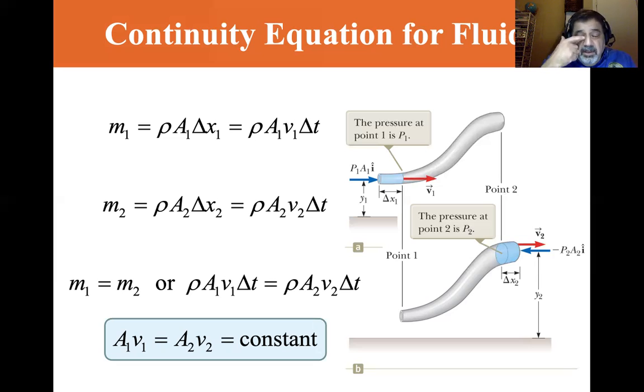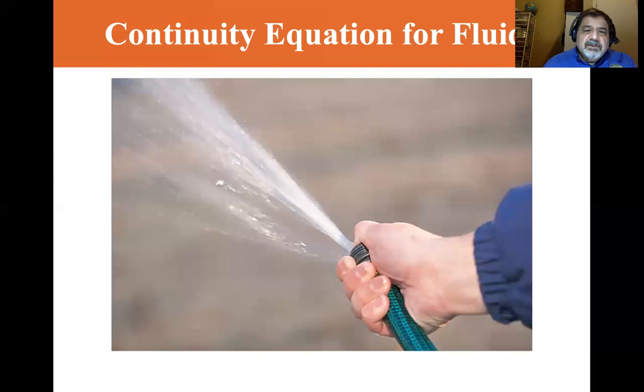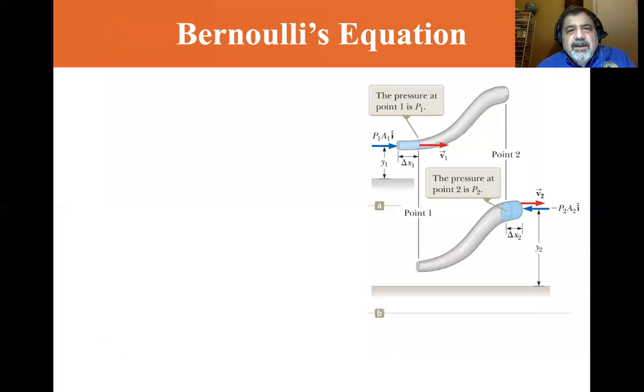So if the area decreases, the velocity has to increase. A1 v1 equals A2 v2. That's a constant. So if the area decreases, the velocity has to increase. And they show it there, you put your thumb over a hose and it increases.